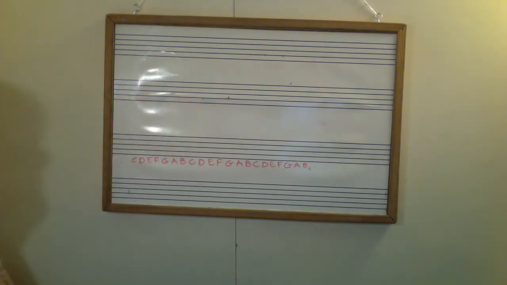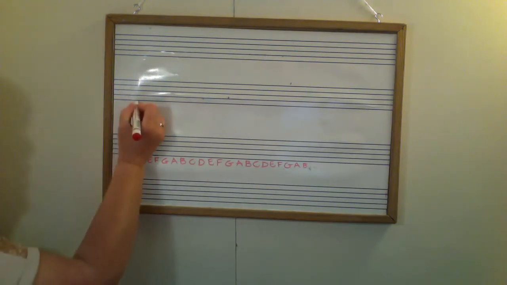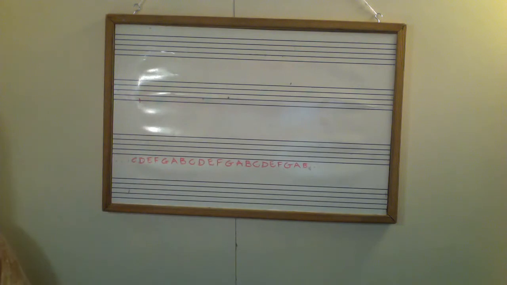So I'm going to put a little number 1 on this line because remember that we count the lines and the spaces from the bottom of the stave. We count them from here.